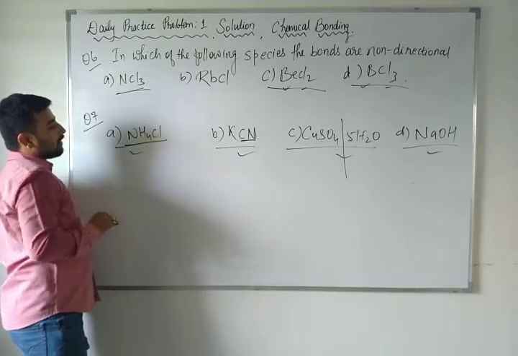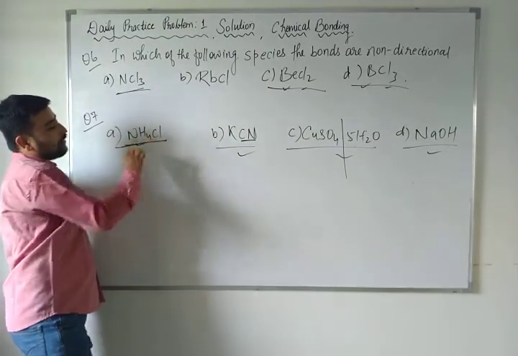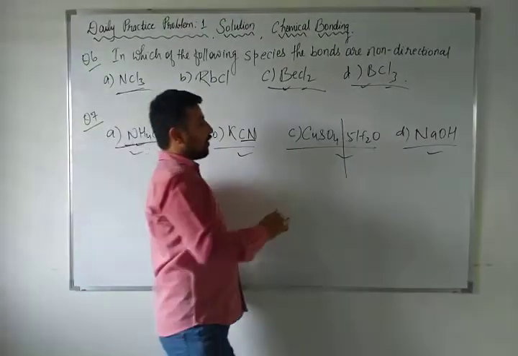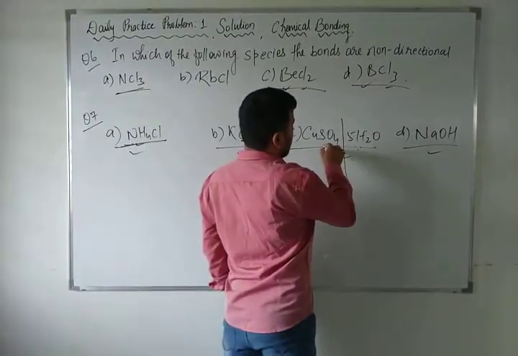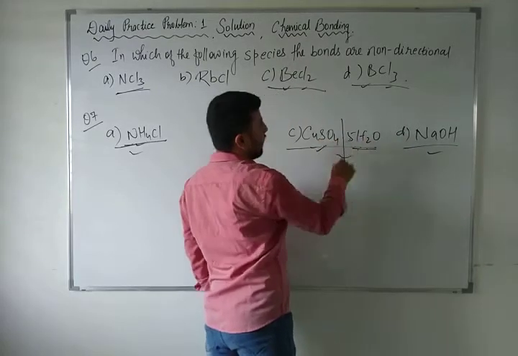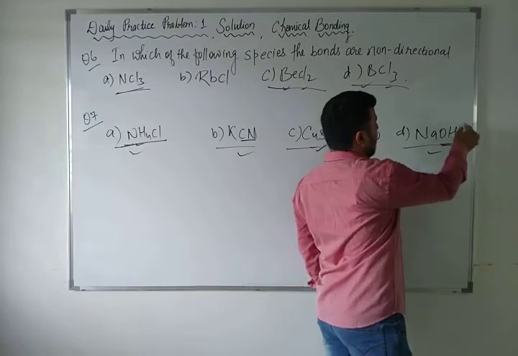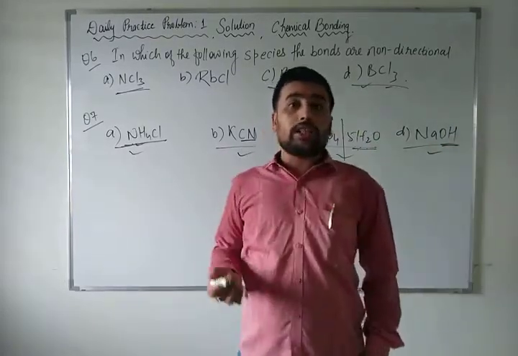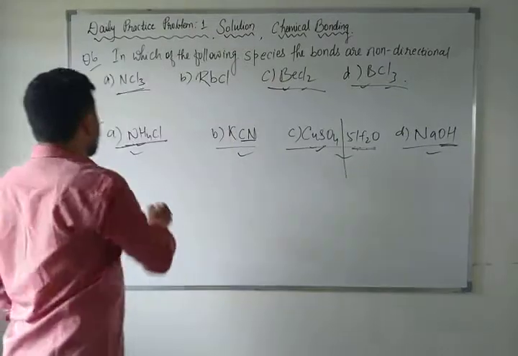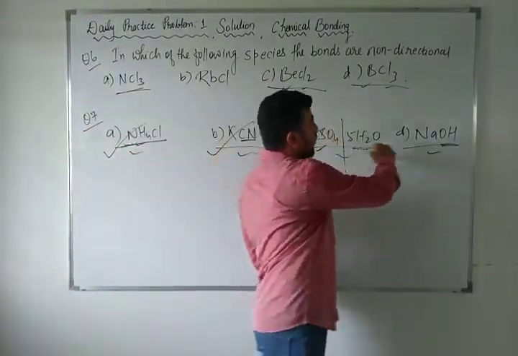Ammonia plus hydrochloric acid gives ammonium, which has covalent character. In copper sulfate, water is attached and is covalent, and in sodium hydroxide, Na+ and OH-, the OH has covalent character. So all four are right answers: ammonium chloride, potassium cyanide, copper sulfate, and sodium hydroxide.